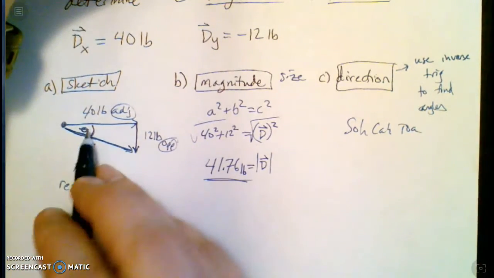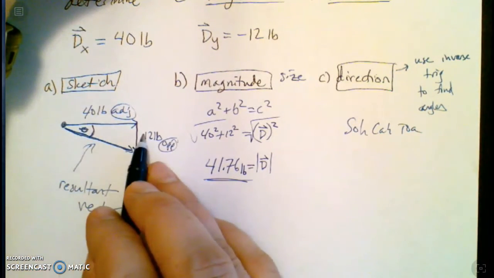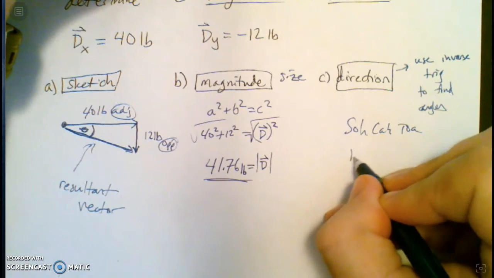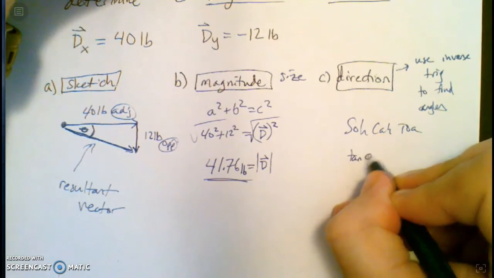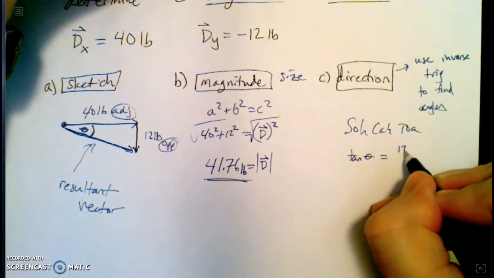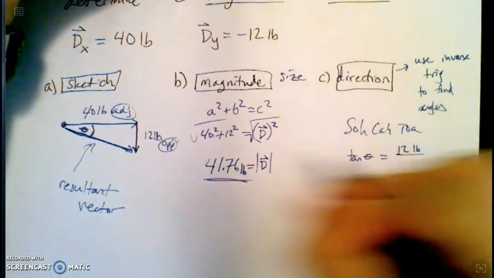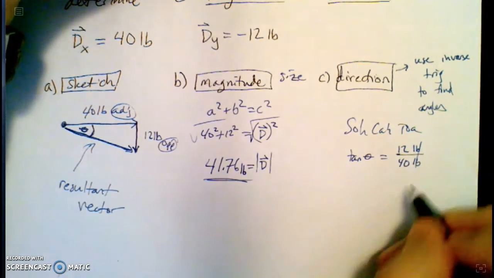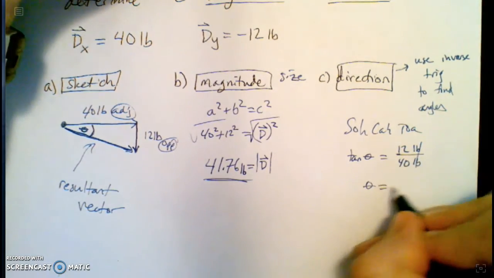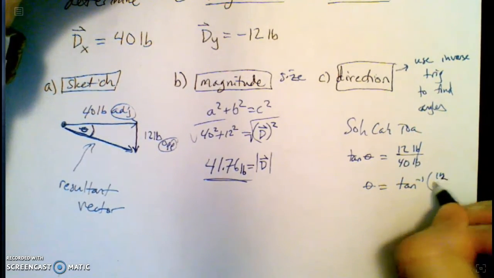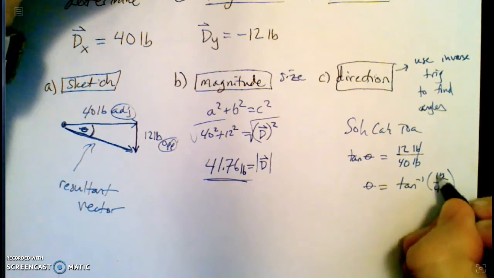So if you ever need an angle, you should already know the opposite and adjacent, and tangent of my unknown angle is opposite, the y part, over the x part. Is it always y over x? Heck yeah. So to undo it, you just use that fancy inverse tangent button on your calculator.